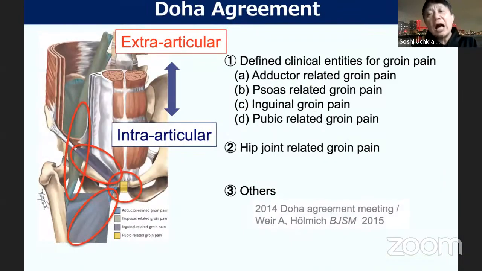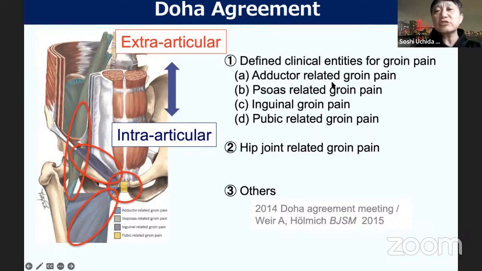This is the Doha Agreement meeting, showing they divided groin pain into two categories, extra-articular and intra-articular. The extra-articular defines the clinical entities for groin pain. Number one, adductor-related groin pain.